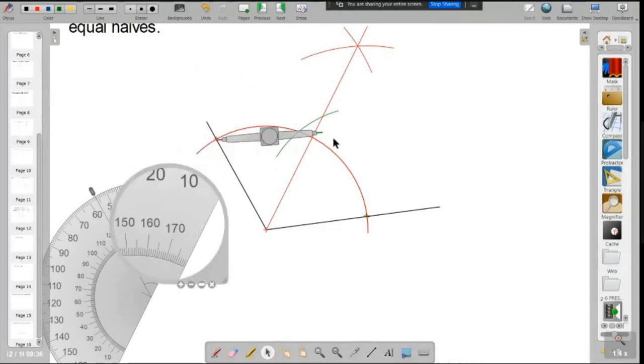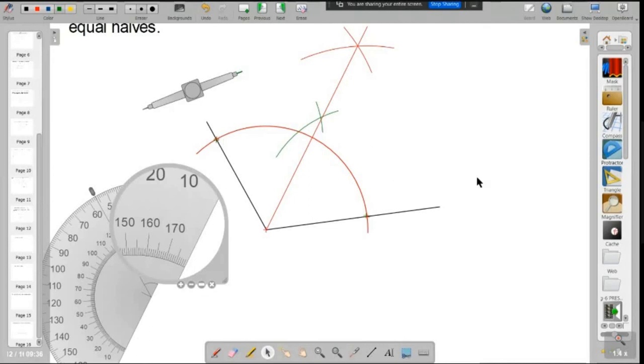Yeah. You see, this new point where the green arcs intersect, that is also passing through the point of intersection, the angle bisector. Okay, so you can set a distance which is more than half of the line segment joining the points of intersection of the bigger arc with the arms.